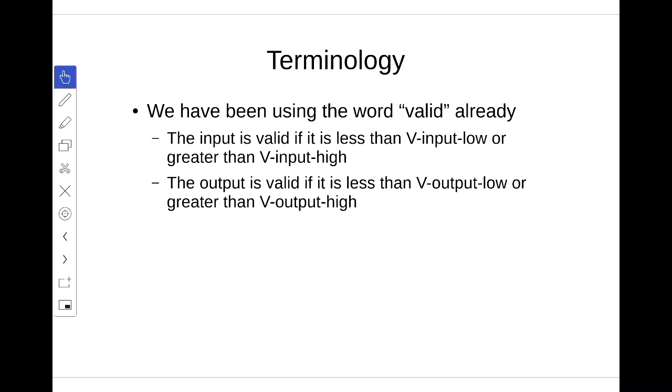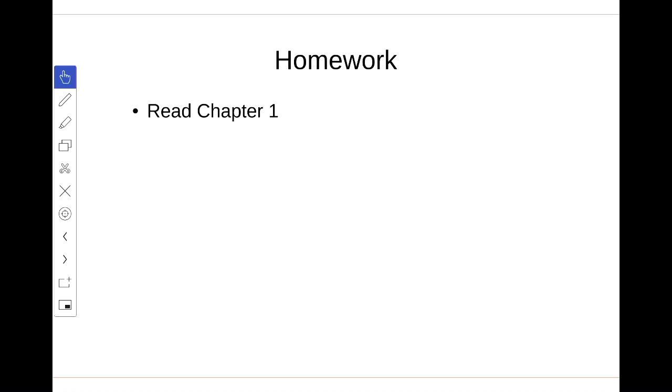The input is valid when it is either above V input high or below V input low. The output is valid once it's above V output high for logic 1 or below V output low for logic 0. With respect to this, we can define precisely what we mean by our contamination and propagation delays. You can also read chapter 1.